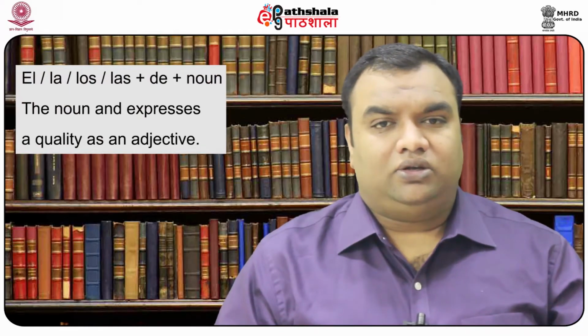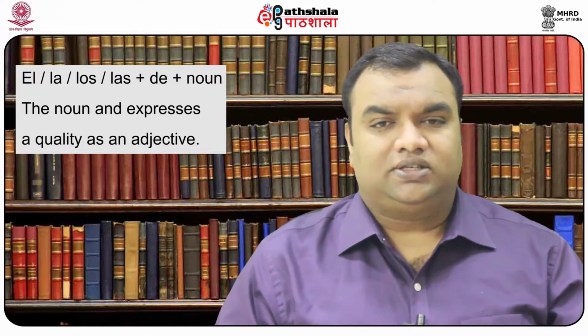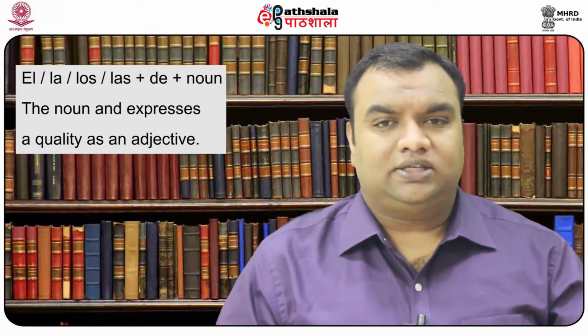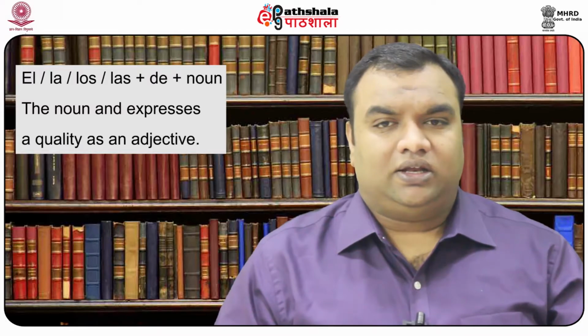El, la, los, las plus de plus noun has a parallel value like that of the previous section. In this case, the noun complements and expresses a quality of an adjective.